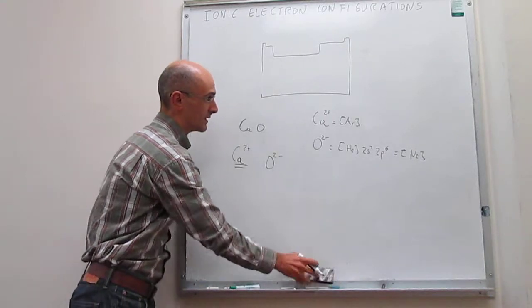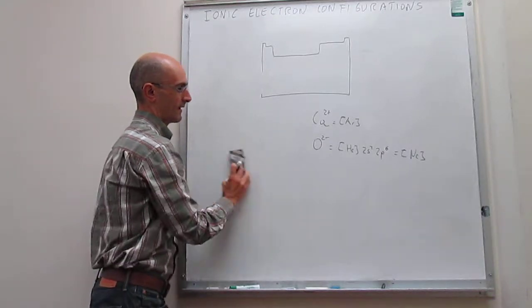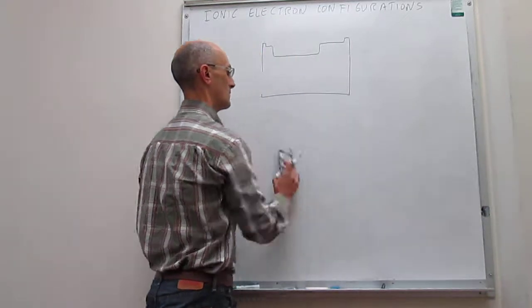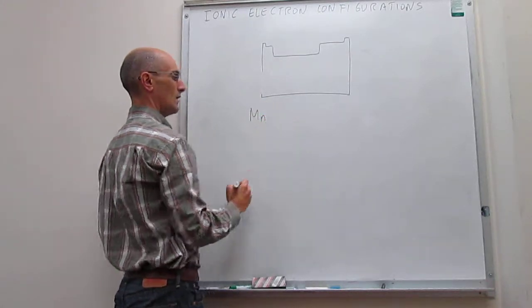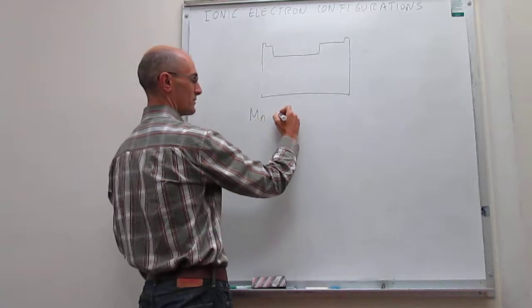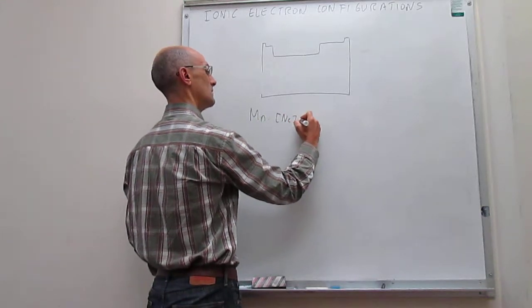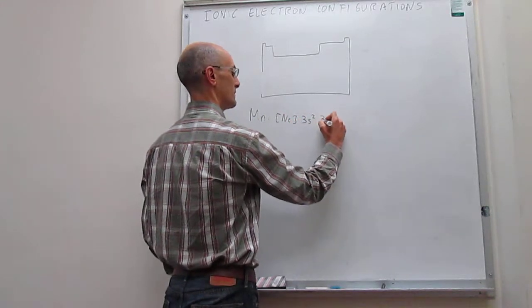For example, let's take a look at the case of manganese. Manganese has an electronic configuration of neon, and then 3s2, 3d5.